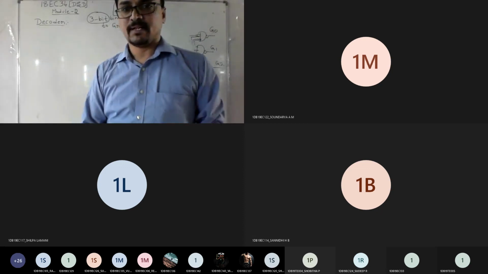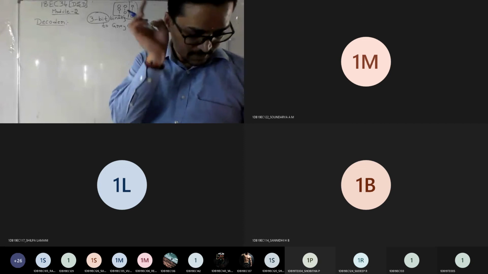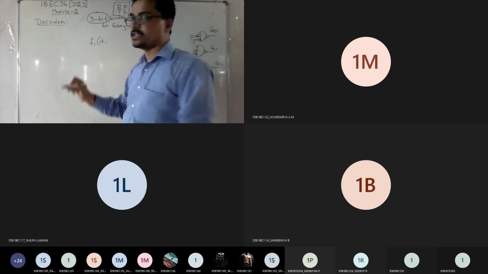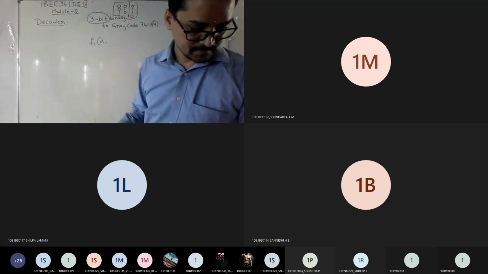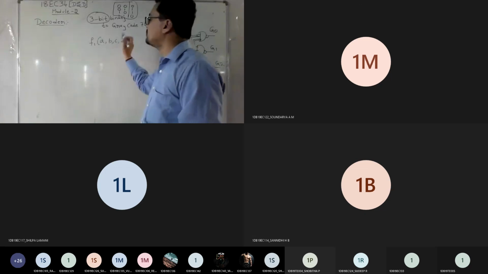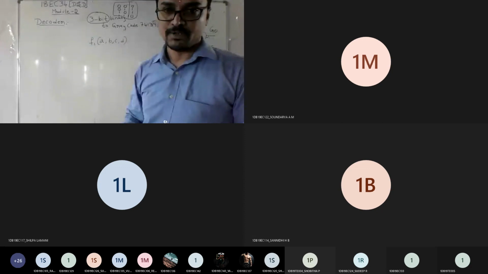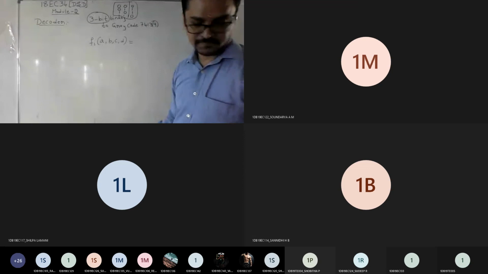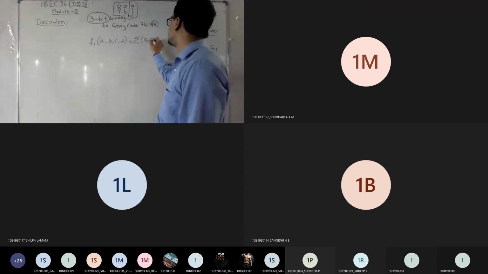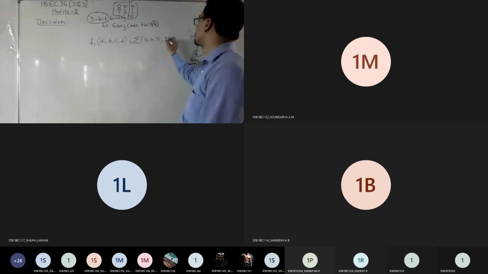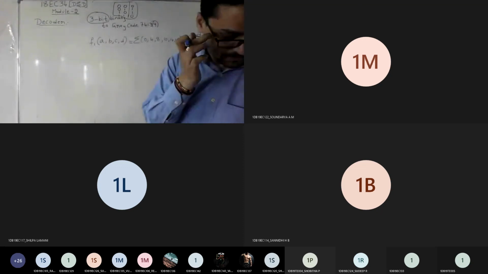So the question is to implement the multiple functions. They give multiple functions for you with the inputs A, B, C, D. Let me tell you how to solve the problem if they give 4 inputs. In the question, for A, B, C, D, function F1 is given with summation 0, 4, 8, 10, 14 and 15.